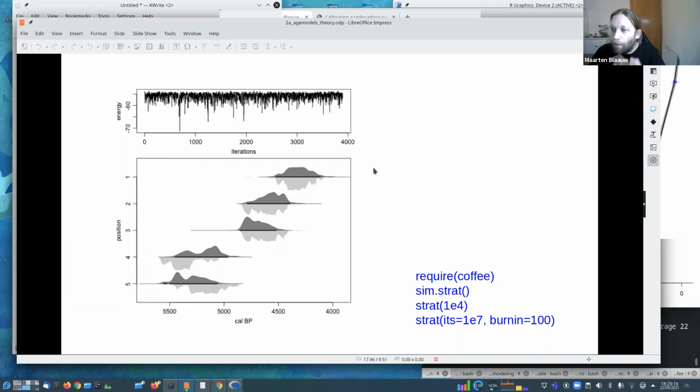Okay. If you want to play around with that, you can use this code here. So that's this new package called Coffee. And you can then simulate a stratigraphy with 5 dates. And then you can run that model of say with 10,000 iterations. We won't do that here now because it takes quite a bit of time.